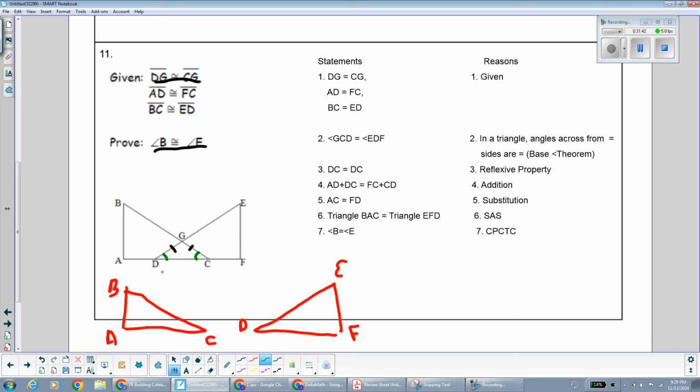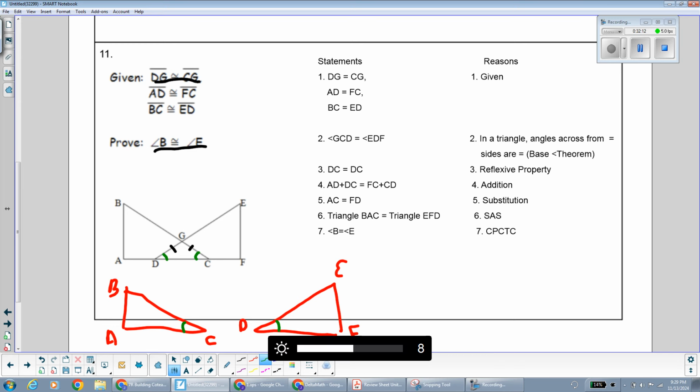That gives us angle EDF congruent to angle BCA. And that gives us a pair of angles in the two triangles that we're interested in. Notice how it's really much easier to see where those angles are located when we separate the triangles. When you have overlapping triangles, separating the triangles is the way to go.